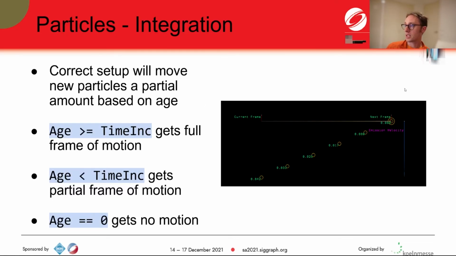So the correct setup is that a particle of age 0 should really be at the emitter because it hasn't had any time to move, whereas a particle with an age of a full time increment will get a full time increment worth of movement applied to it.